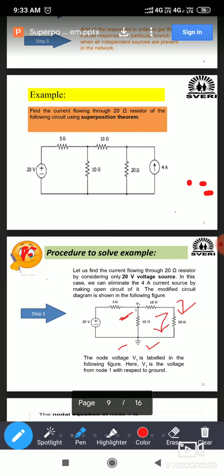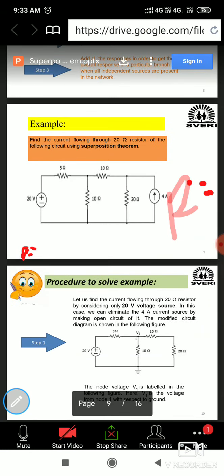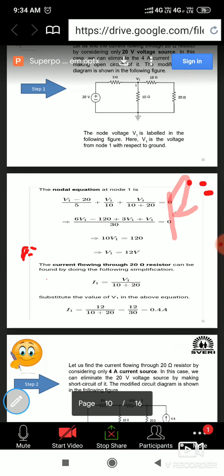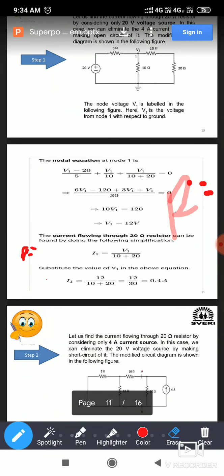Do you understand? Okay, so once you have chosen to use nodal analysis, we will move to the next part: nodal equations. Nodal equations means you have to apply KCL at the node V1.